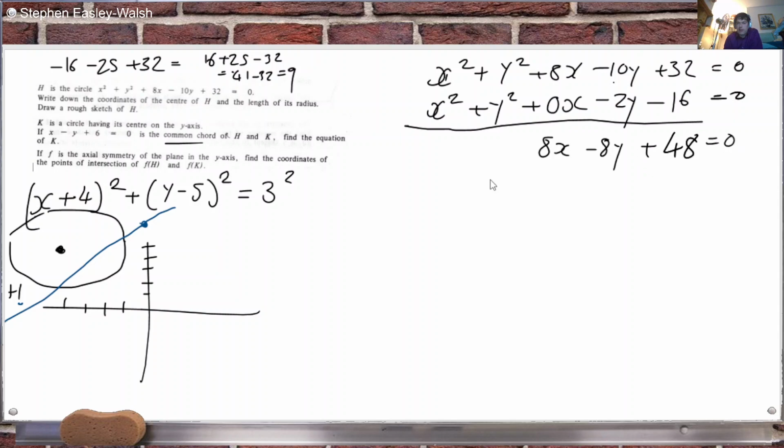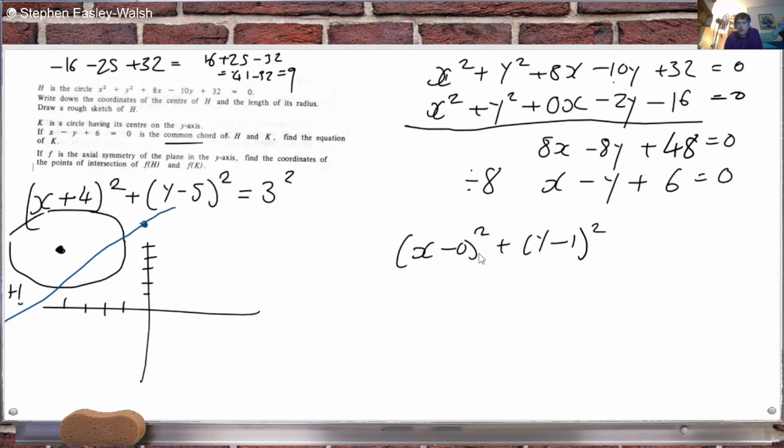So if I divide by 8, I'll get x minus y plus 6 equals 0. So I think this must be the equation of the circle, because it'll have a center on the y-axis. It can be written as x minus 0 squared plus y minus 1 squared. So that's x squared plus 0x plus 0 plus y squared minus 2y plus 1.